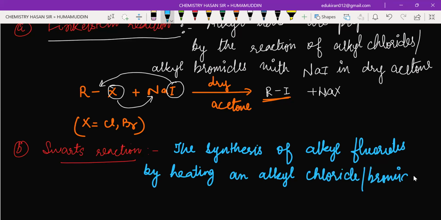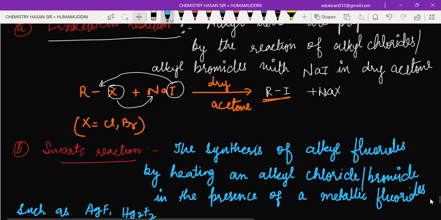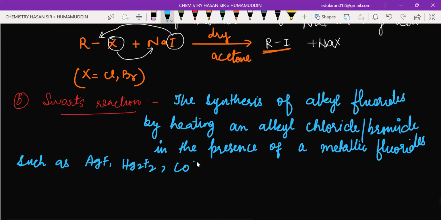Same alkyl chloride and bromide, only the reagent changes, in the presence of metallic fluorides such as AgF, Hg2F2, CoF2, or SbF3, antimony trifluoride.